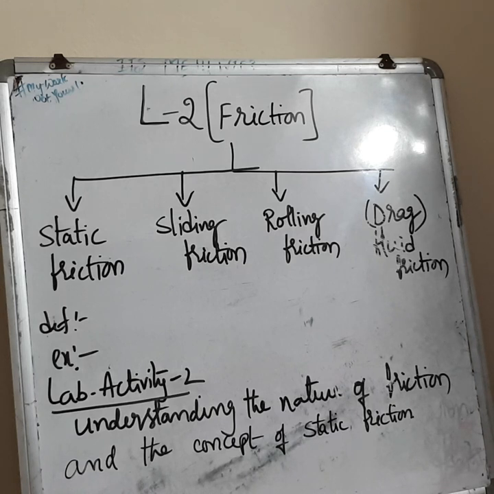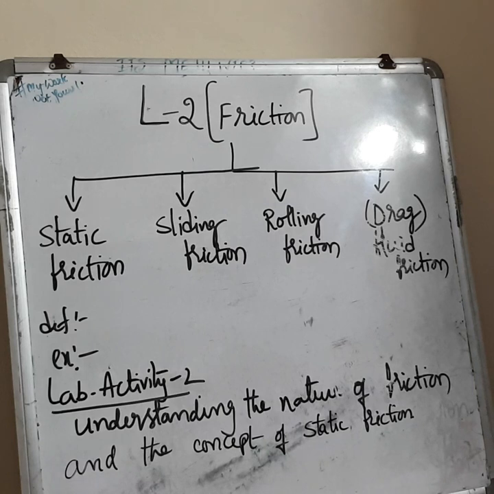Suppose a huge object, a huge rock, is there, and you try to move it from one place to the other. You're applying force, but there is no change in the object. In that condition, the object has static friction. When an object is at rest, it has static friction.